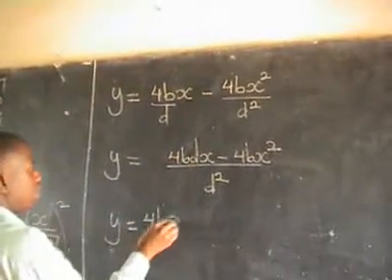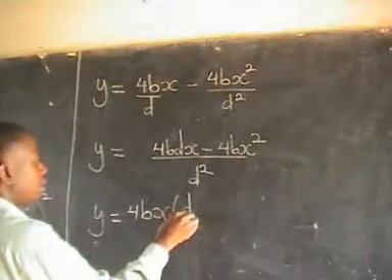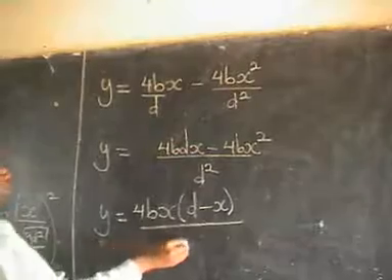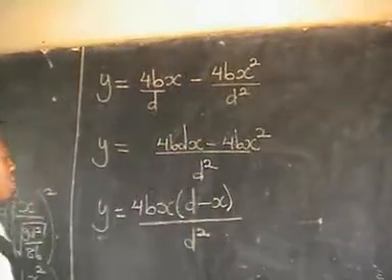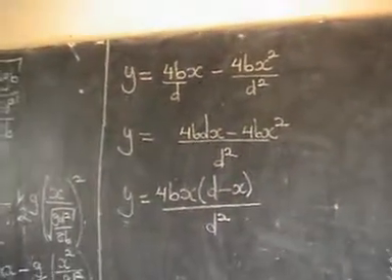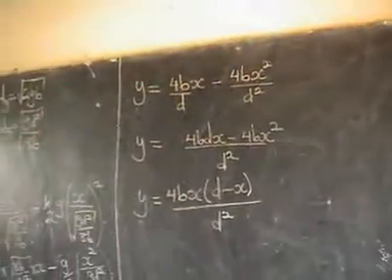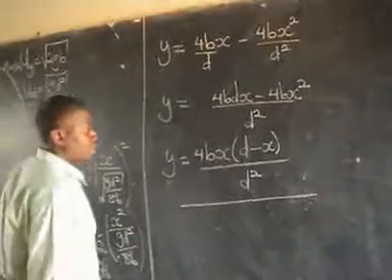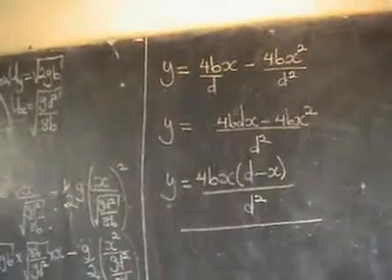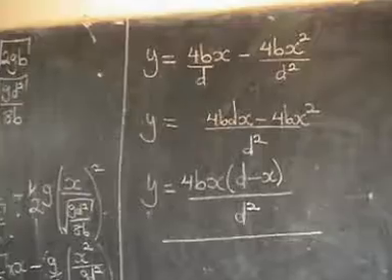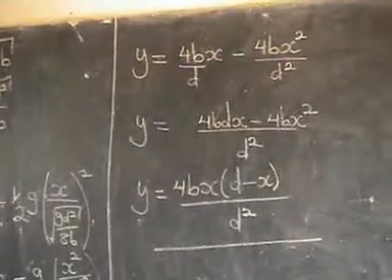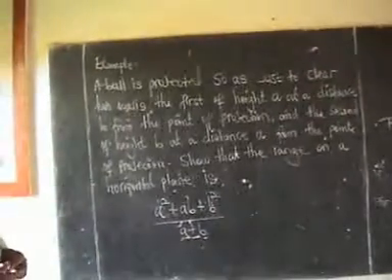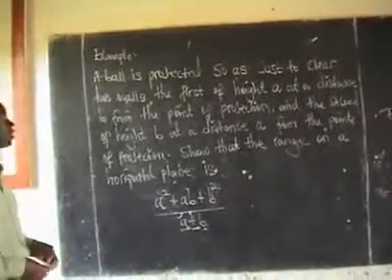So we shall get 4bx bracket d minus x, divided by this squared. When we compare the expression with what was given, we shall have finally proved it. So that will be the answer for that part, which is a proof, and that's how it goes.